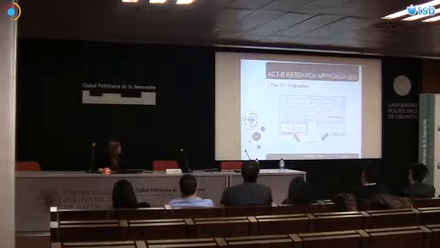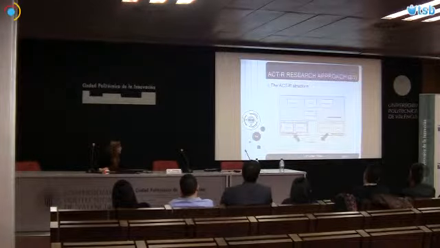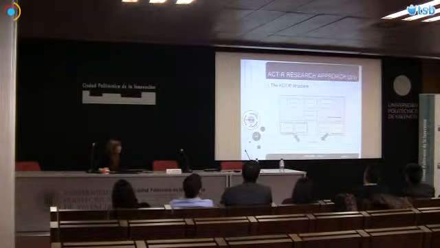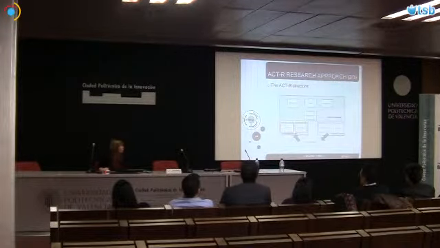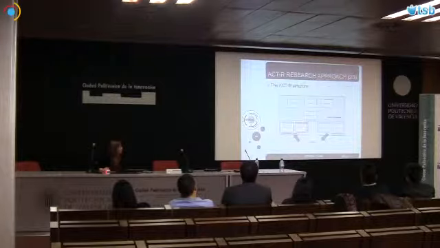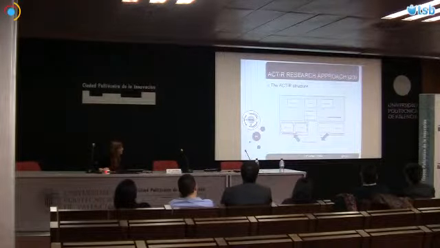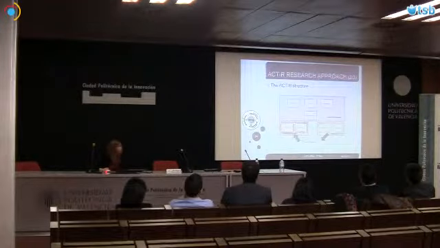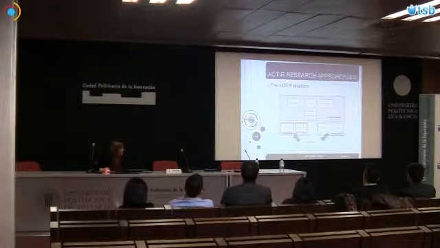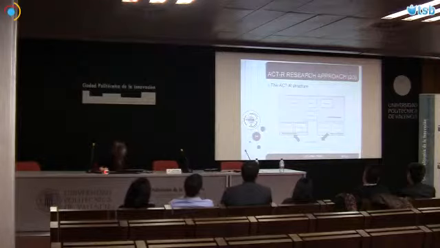This is the structure of ACT-R. It's really simple. On one hand, we have the central processing, which would be the brain. We have the perceptual system with visual and aural. It does not include other perception systems. And the response.